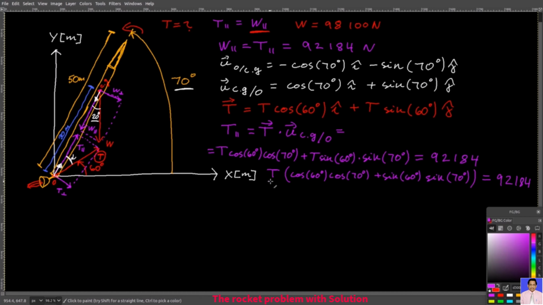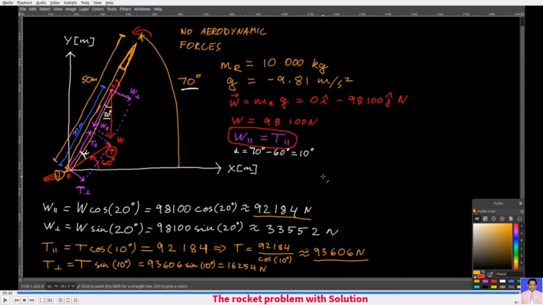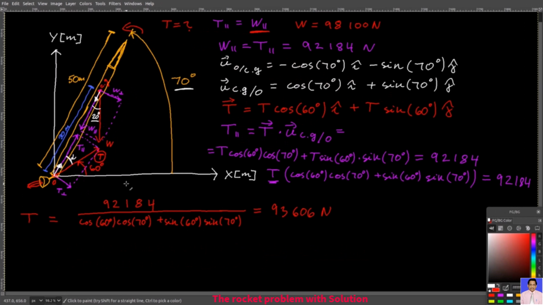You can factor out T, and so your thrust force equals 92184 over all this, and that will give you 93606 newtons. As you can see, it's the same one that we had before when we made those calculations using an easier method.